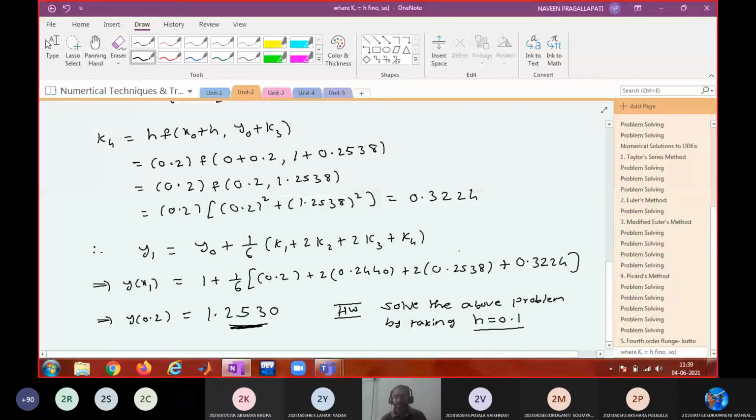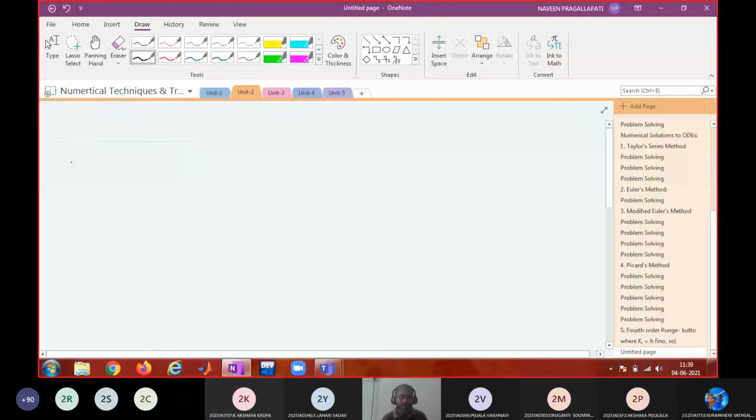Right. Now write down the next problem. Given dy by dx is equal to y minus 2x by y, with y of 0 equal to 1.